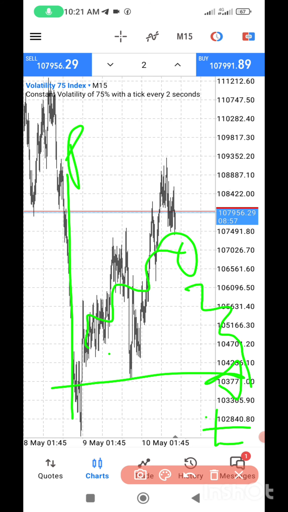If you place a trade at this spot, you will definitely make profit with little or no drawdown. But if you place a buy at this other spot, you are likely going to lose, because it's still going downwards more than going upwards.